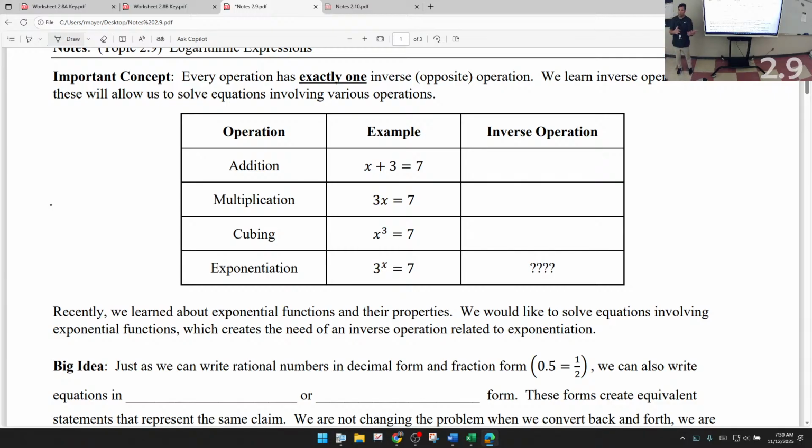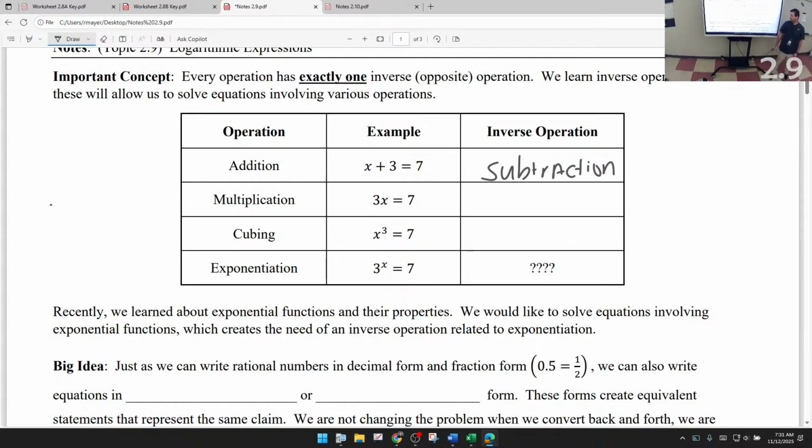You guys probably always talked about it being opposite. For instance, if you have addition like x plus 3, you guys know that we subtract 3. Well, subtraction is the inverse of addition.